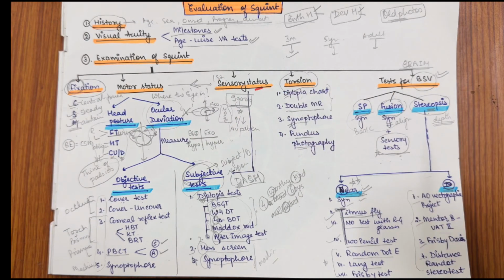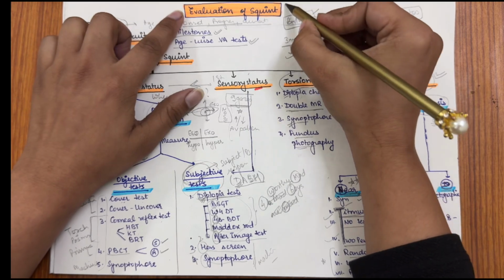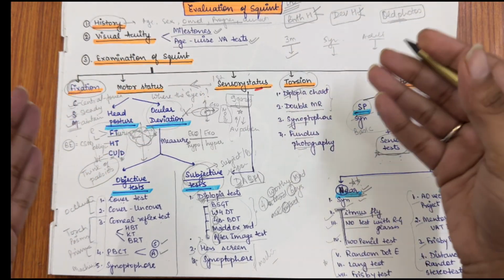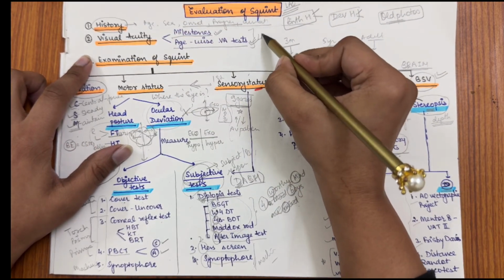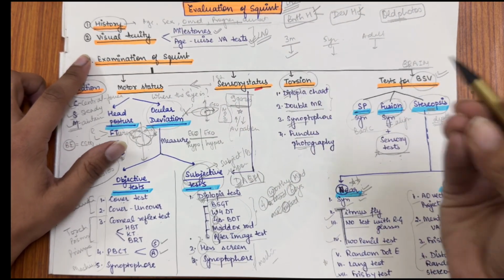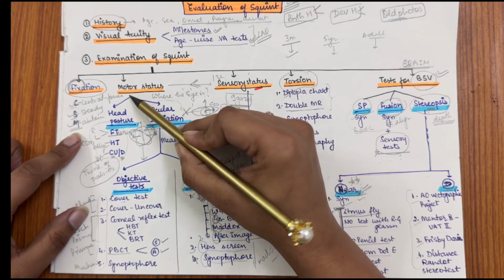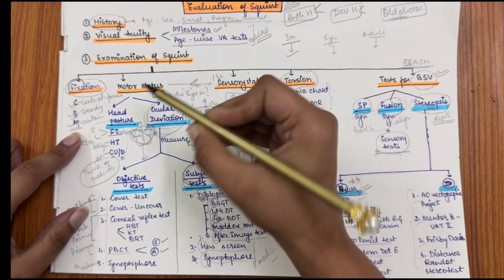Let's see what are the questions, right? For written exams, this itself is a long answer question in theory. Another long answer question is: how do you go for visual acuity checkup in children? Third important question is, how do you measure the deviation in squint cases?